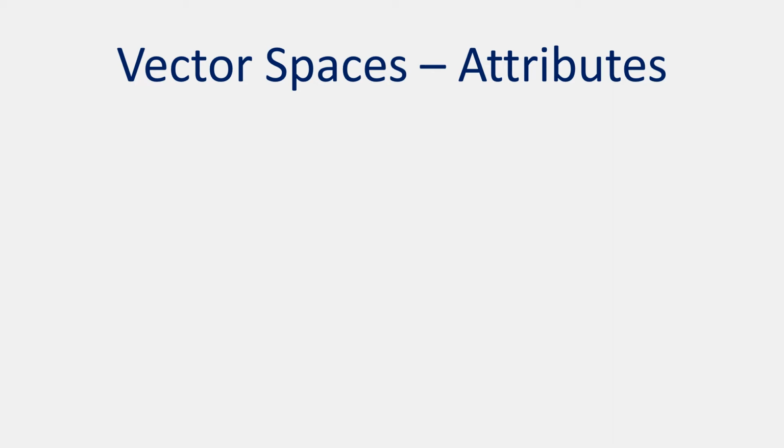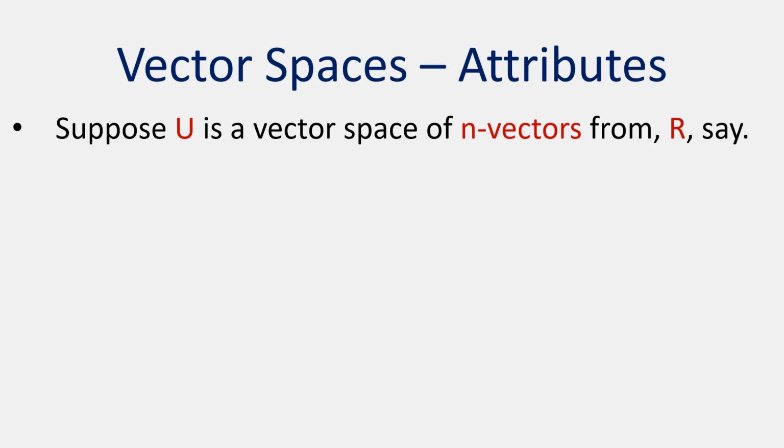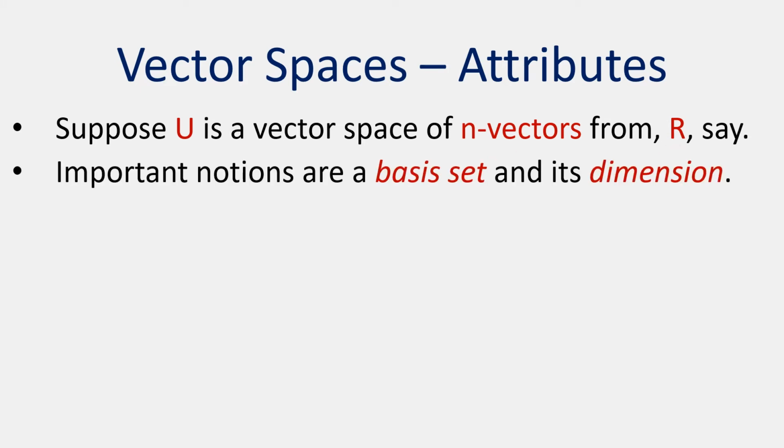So what are the kind of attributes, what are the kind of properties we have for a vector space? Well, we're looking at a vector space of n vectors, say from the real numbers. There are 2 very important notions, one of which is what is called the basis set, and the other of which is called the dimension of a vector space.